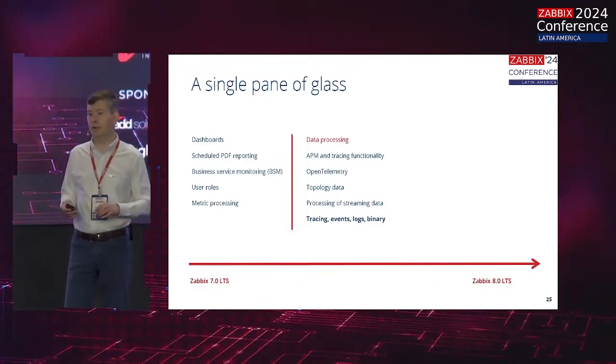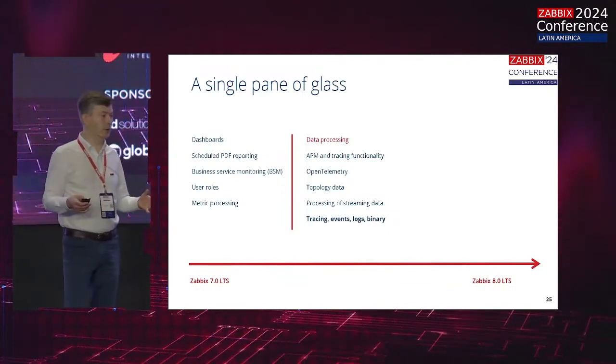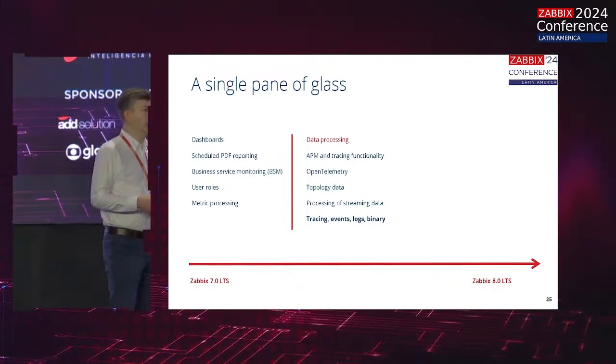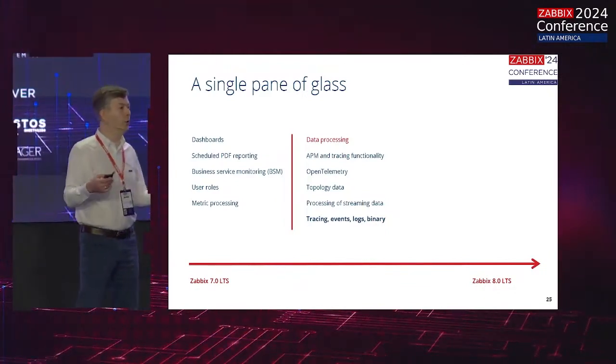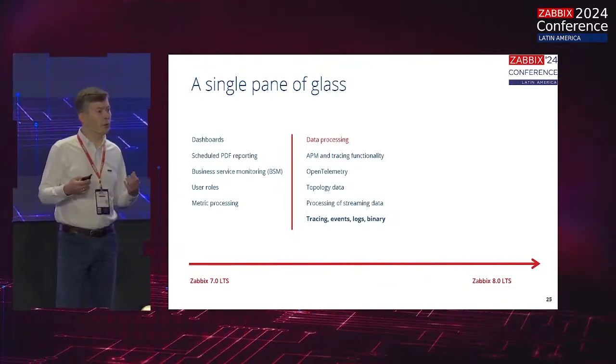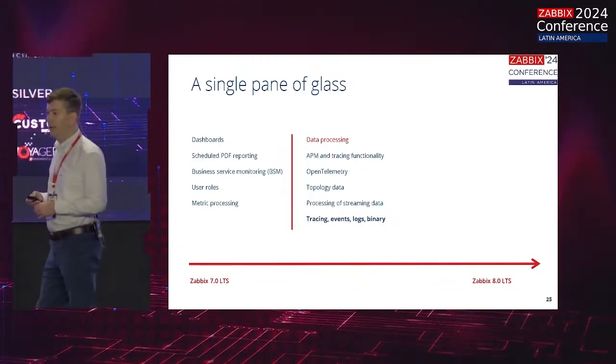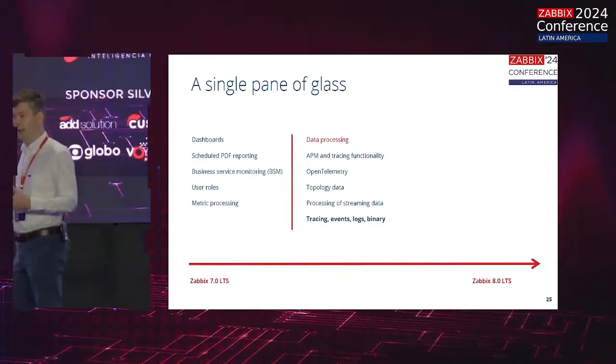We have numeric data. Zabbix also collects log information or text data, but of course we want more. We want Zabbix to also be APM. We want Zabbix to collect OpenTelemetry data, more complex, structured data.